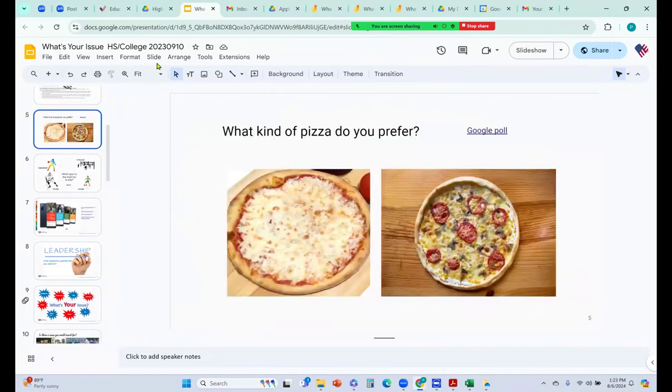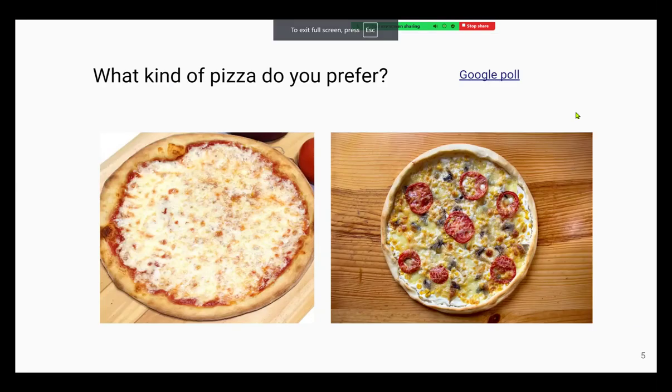But let's begin with this. One of the things that we're going to do is ask you to make some decisions. And the first decision we're going to ask you to make is, what kind of pizza do you prefer? Do you prefer plain cheese, or do you prefer it with some kind of topping?